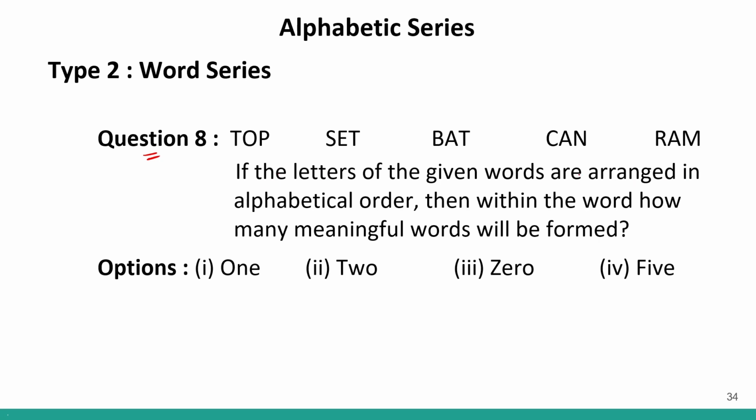If the letters of the given words are arranged in alphabetical order, then how many meaningful words will be formed? So when we talk about meaningful words, that means words that have meanings in the English language.